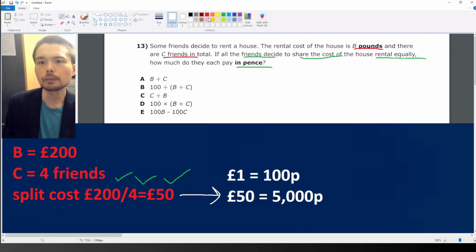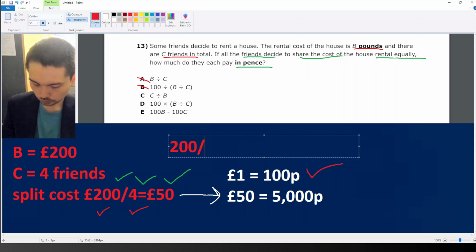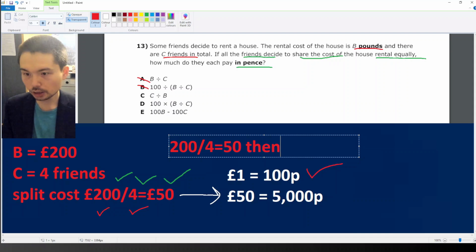So if we look at A, that's the easy one to get wrong because that looks like this, B divided by C. But we need to times by 100 as well. Now B looks like the other way around. We're taking that answer and dividing by 100. No, we're timesing by 100 here. If I just write this fully, 200 divided by 4 is 50, then you times by 100.